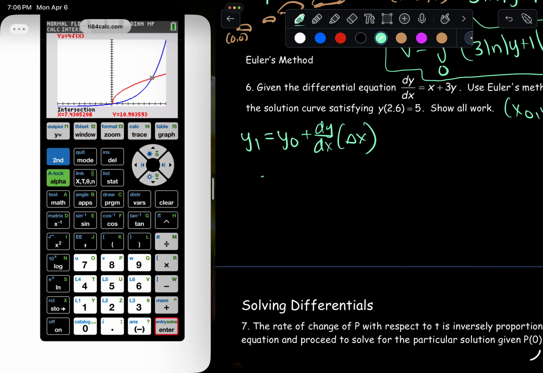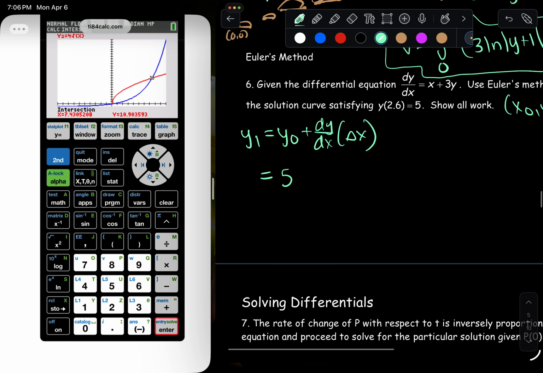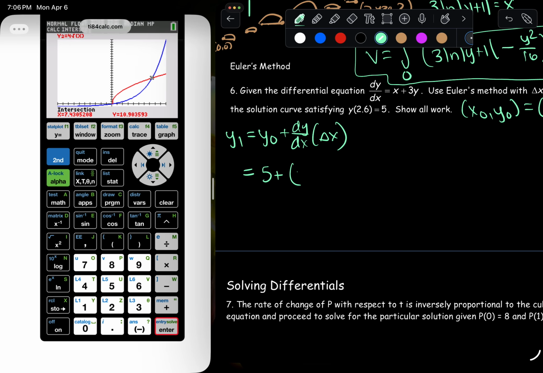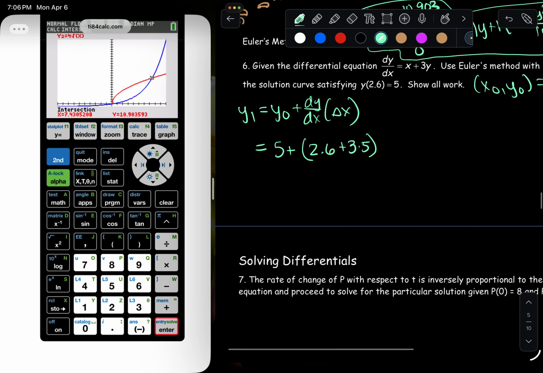All right, so y naught, we are starting at 5. So we'll have 5 plus, and then from here, dy/dx, we want the value for that coordinate. So it'll be x plus 3y, okay? So if I plug in x for that one, the first x is 2.6, and then plus 3 times y, we have 3 times 5, which is the y, and then times delta x, the change in x is 0.2.